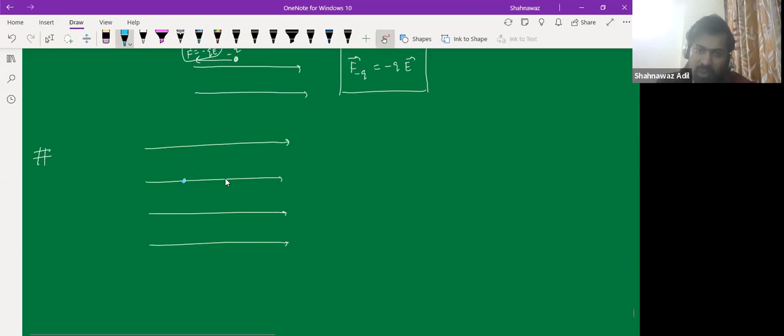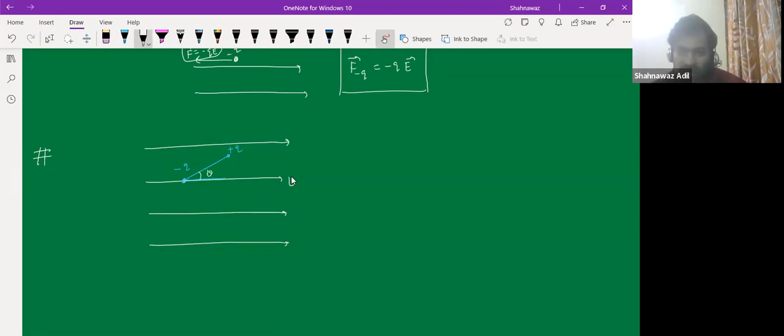Let's say this is negative and this one is plus, and this angle is theta, right?